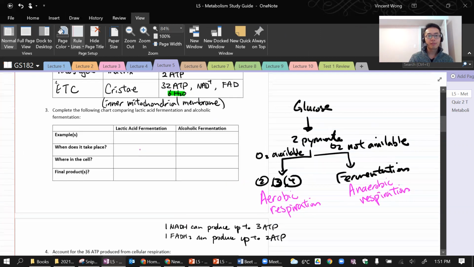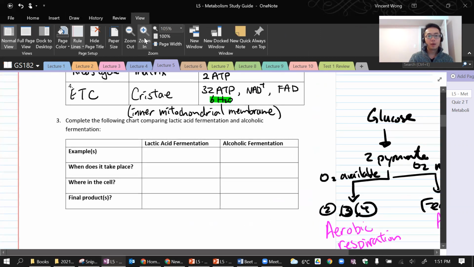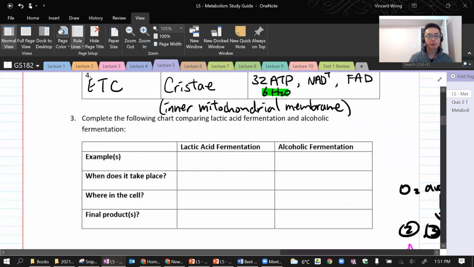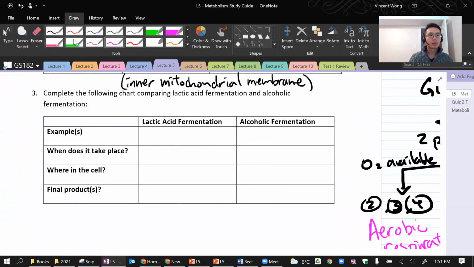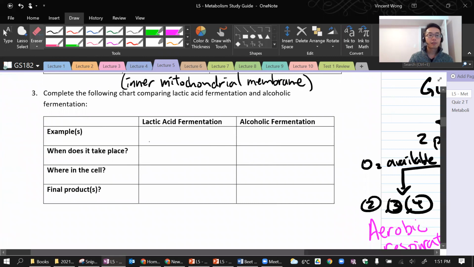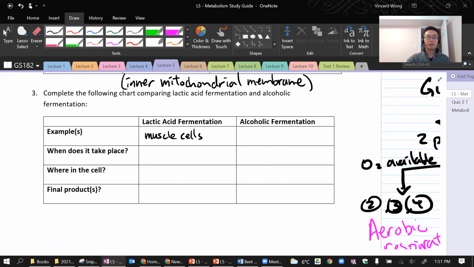Okay. So there are 2 types of fermentation. One of them is lactic acid fermentation. The other one is alcoholic fermentation. So let's go through them. Lactic acid fermentation is what happens in muscle cells, like our muscle. Right? If you are running at full speed, you cannot keep doing that forever.